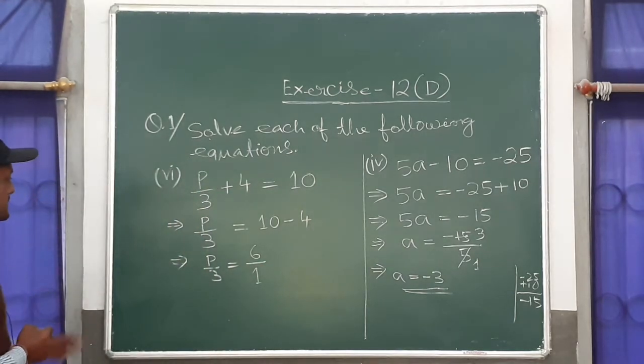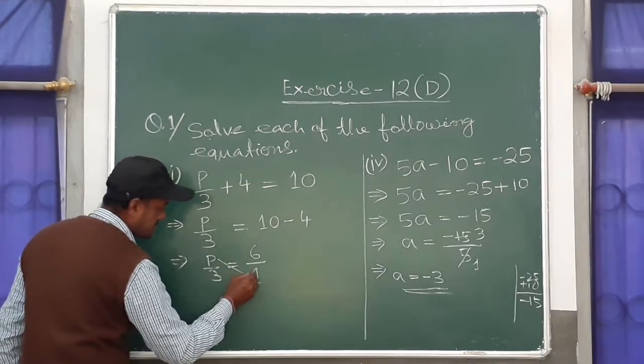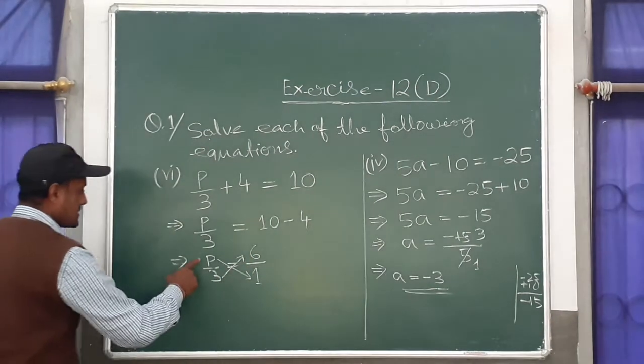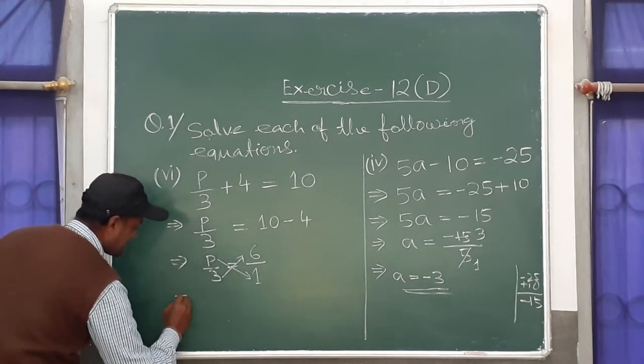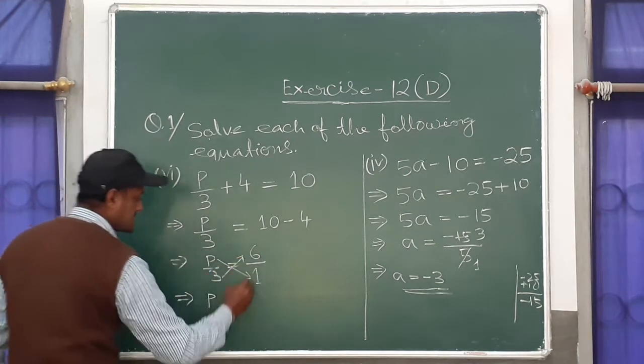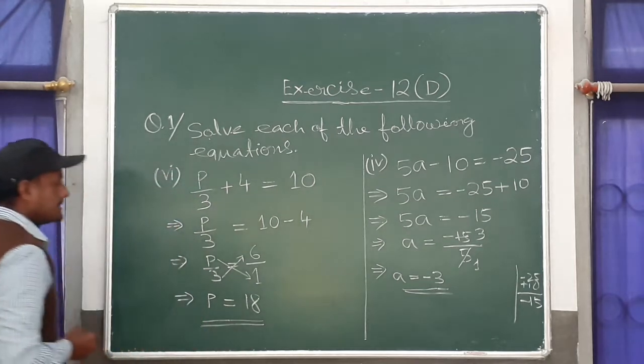Okay, so we got p by 3 is equal to 6 by 1. In this case, what we will do? We will do cross multiplication. So 1 into 1, 1p means we can write p is equal to 3 6 is 18. So we got the value of p is equal to 18.